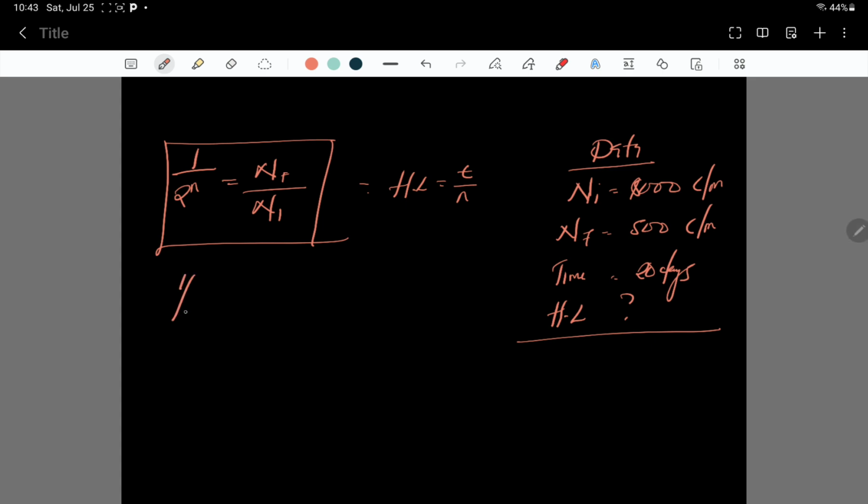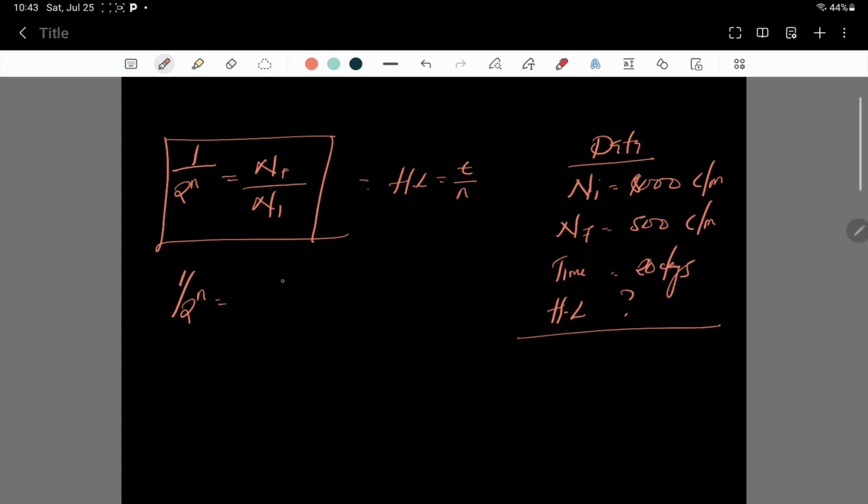Therefore, we'll say 1 over 2 to the power n is equivalent to 500, which is the final, over 8,000.